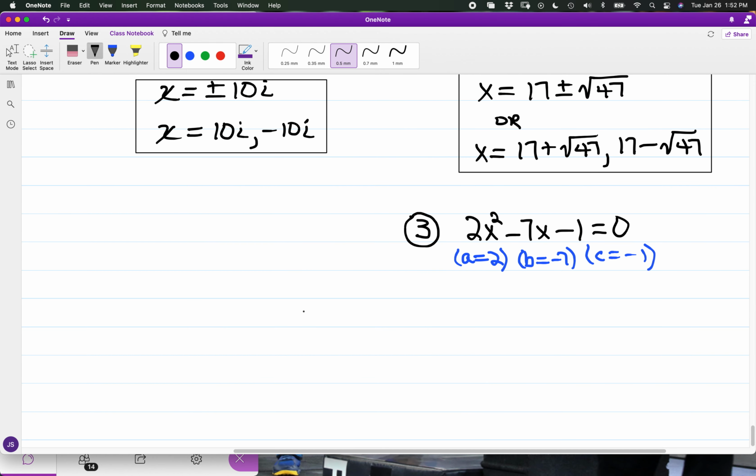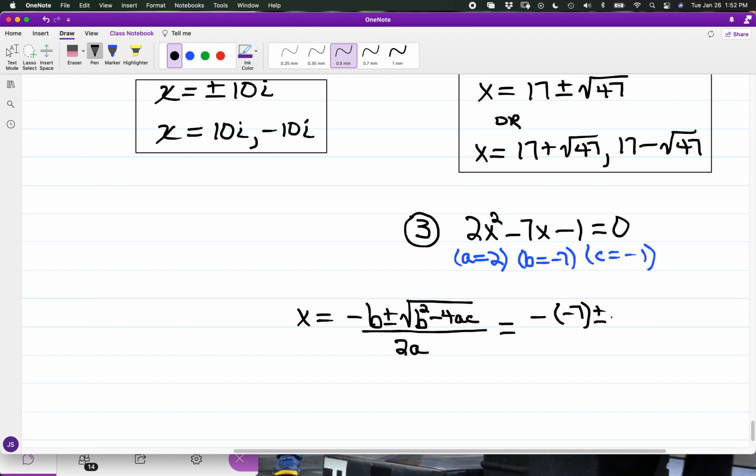And for x, utilizing the quadratic formula, you have, again, negative b plus or minus the square root of b squared minus 4ac, all over 2a. For negative b, we have the opposite sign of negative 7.